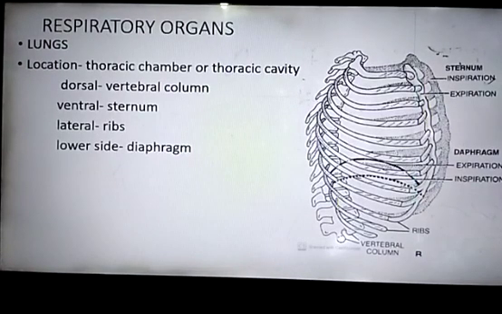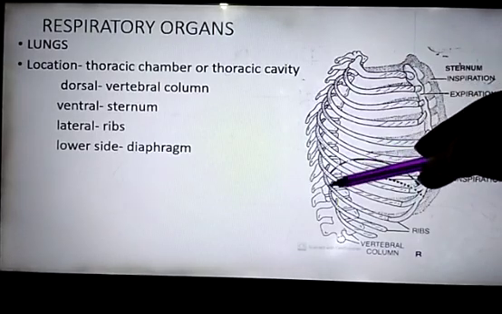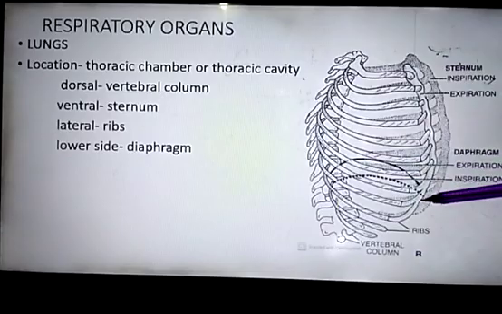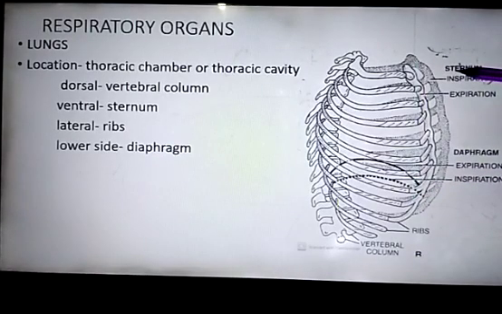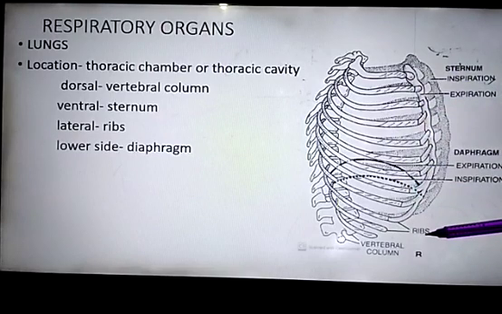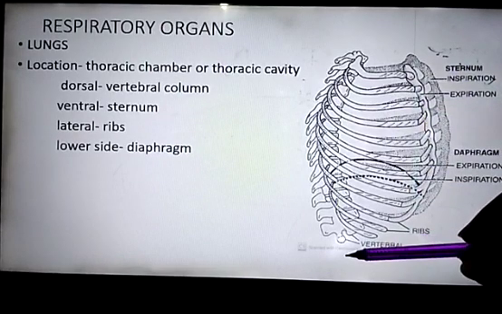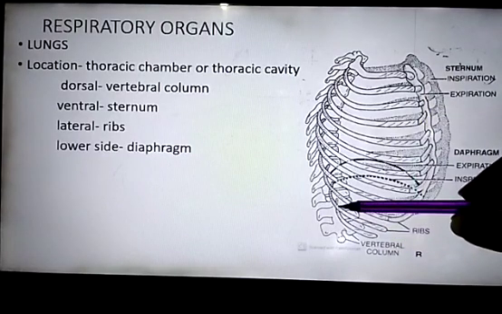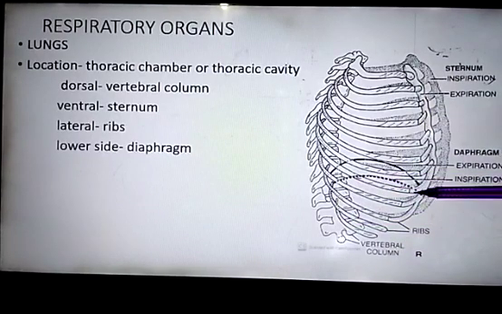So, the thoracic chamber is formed dorsally by the vertebral column, ventrally by the sternum, laterally by ribs, and on the lower side by the dome-shaped structure known as the diaphragm.